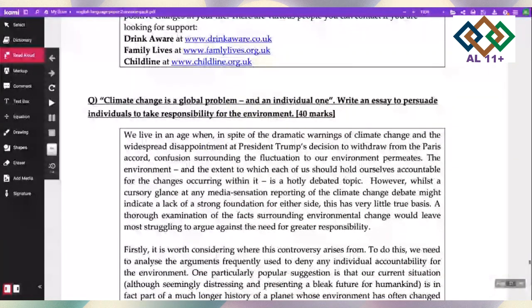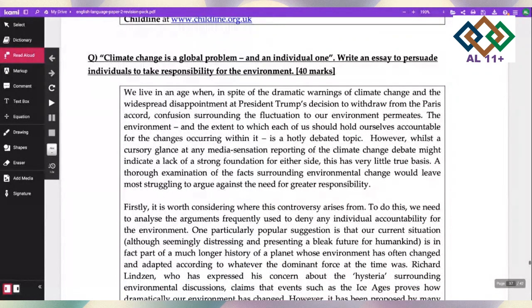Another one which is really common is climate change. You know that it's still going on. Every time they keep talking about climate change. So you could get something about climate change being a global problem. Write an essay to persuade individuals to take responsibility for the environment.